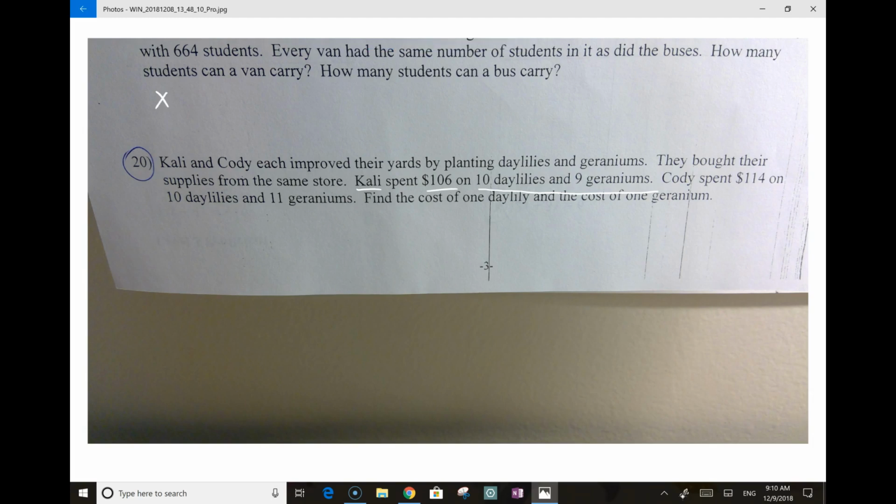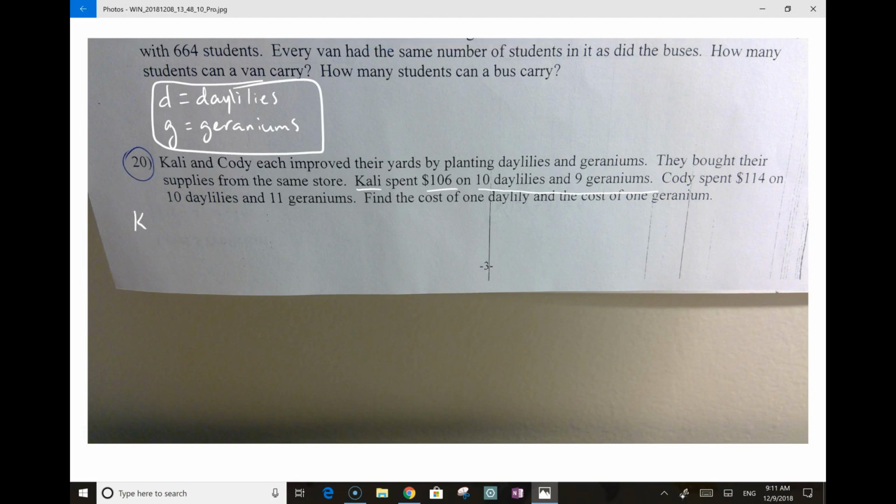So I'm going to identify D as my daylily, such a nice name, and then G will be my geraniums. Okay, and that'll be the legend that I refer to all the time, D and G.